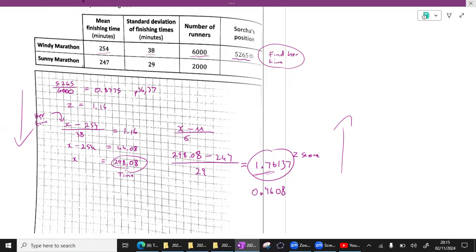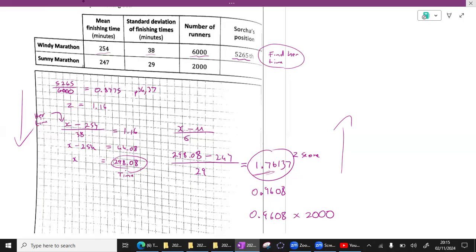But in this particular question, we're interested in her position. So essentially, she's in the 96% position. That sounds a bit strange, but what I mean by that is you're going to work out her position by multiplying it by 2000, because that will tell you what percentage of runners were ahead of her or behind her.